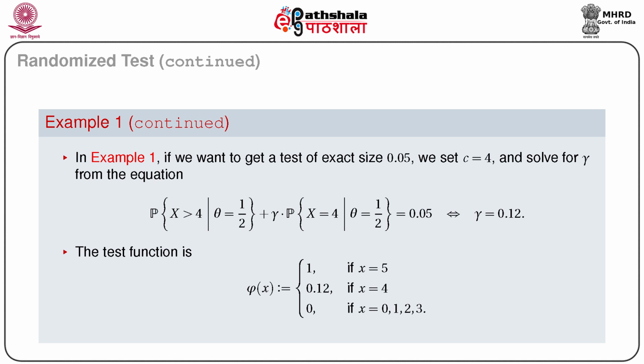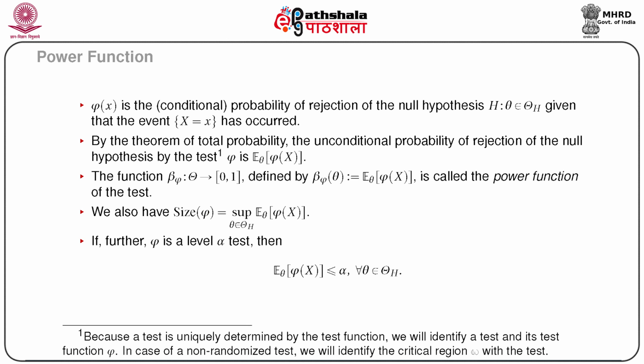Actually, the randomization is done to achieve the exact size, but as a result of randomization, the power of the test also increases. Now, we define the power function of a randomized test in terms of the critical function.